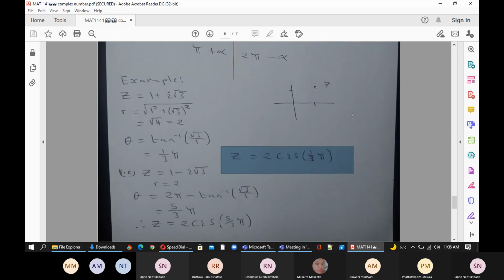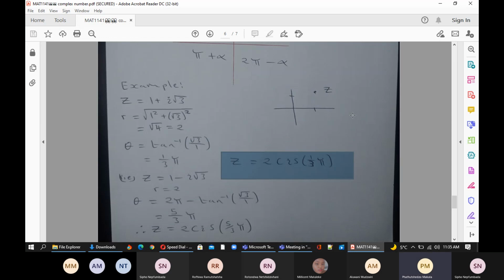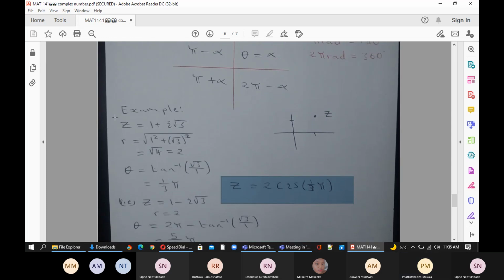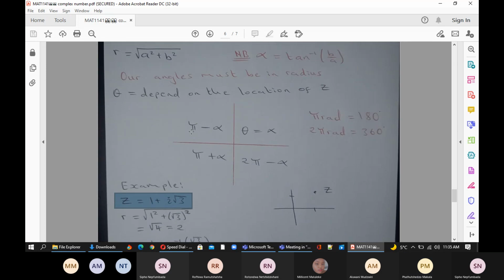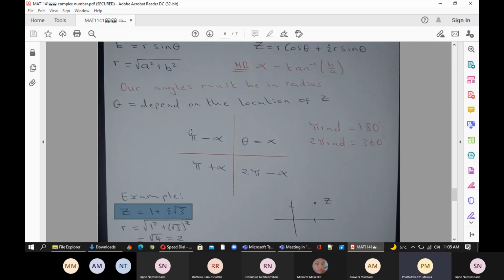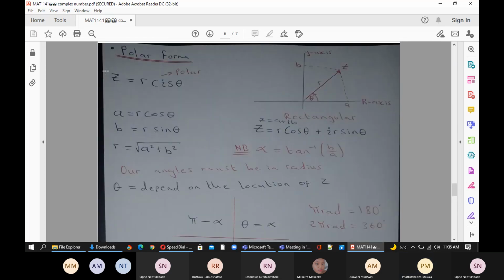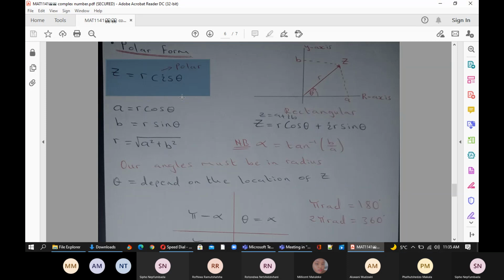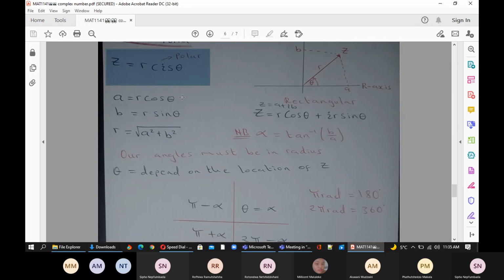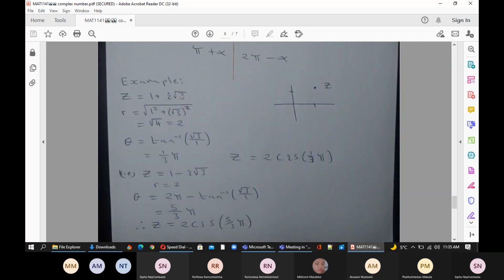Okay, what do they want us to do here? They want us to write this equation in the form of this one. So what we are left with is R and theta. Are we together?